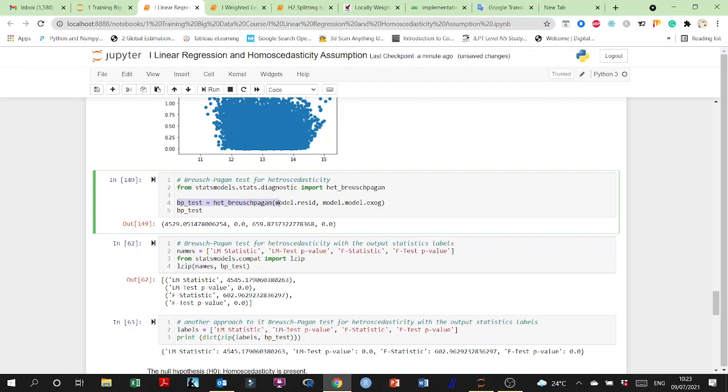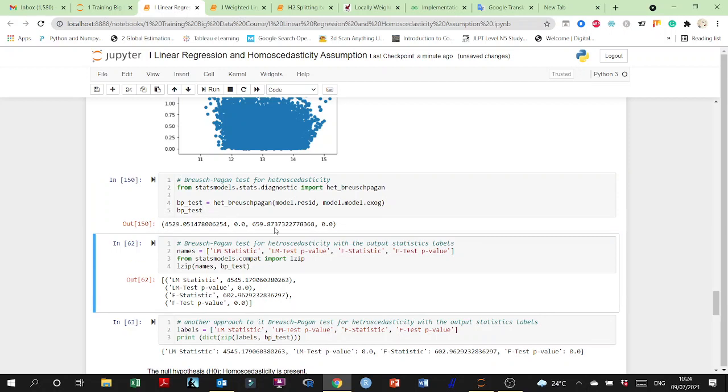As you can see, you just use the class that you imported over here and you feed it the model residuals, and you feed it the model. It just happened that we called our model, but it's actually the model fit.